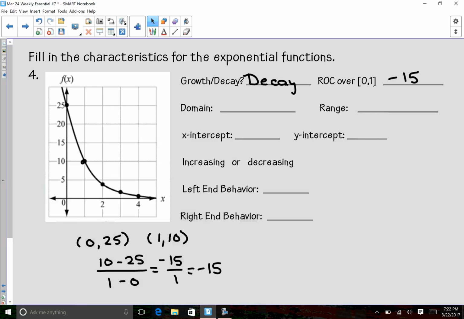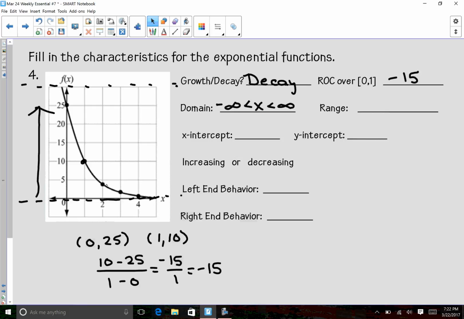With exponential functions, remember, the domain is always going to be from -infinity to infinity. The range. Now, with the range, remember you always go from bottom to top. On the bottom of the graph, notice that this function is approaching the x-axis.